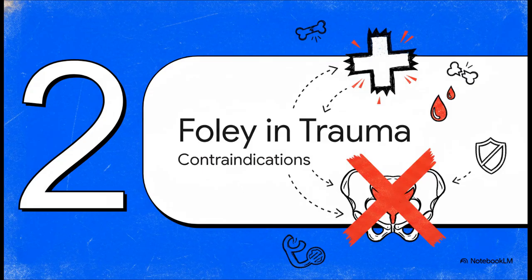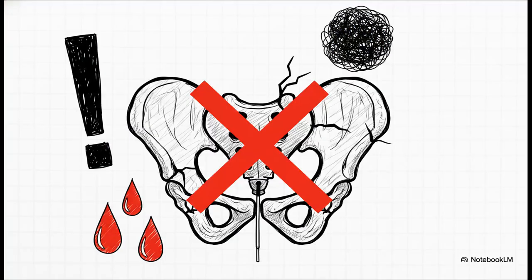All right, moving on to Section 2, Foley contraindications in trauma. Let's see how all this applies to a high-stress emergency trauma scenario. Placing a urinary catheter can actually be strictly forbidden. Picture this. A trauma patient rolls into the ED after a high-speed car crash or a bad straddle injury. Before you even think about placing a Foley to monitor their urine output, you have to look for red flags.